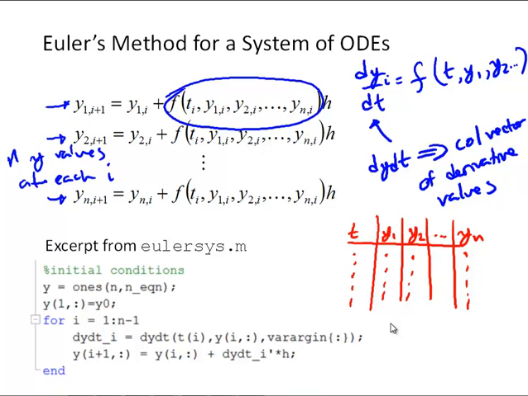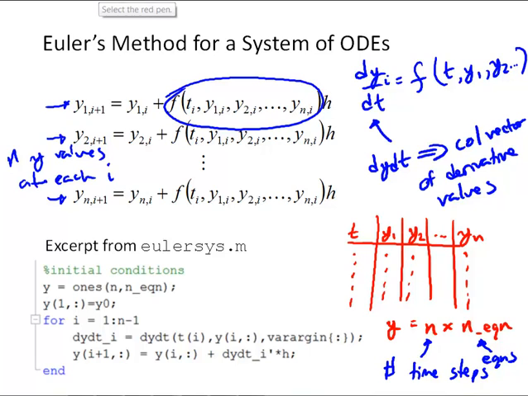So our y values are going to be in an n by n equation matrix, where the first n is the number of time steps, and the second is the number of equations.